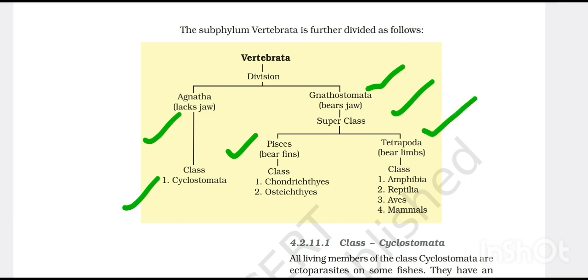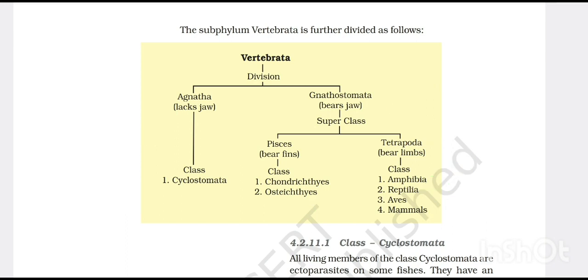Under Pisces, Chondrichthyes and Osteichthyes are present. Then under Tetrapoda, classes Amphibia, Reptilia, Aves and Mammalia are present. So these are the classes.